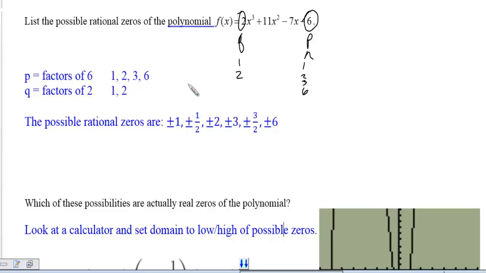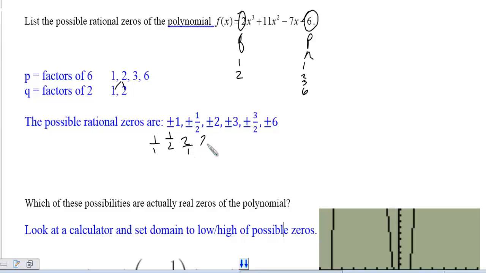Now as I begin to list all possible rational zeros, I look at a ratio of P to Q. I can put 1 over 1, which is 1, that you see right here. Then 1 over 2, and you see the 1/2 right here. Then I'll start dealing with the 2's. So I have 2 over 1 and 2 over 2.